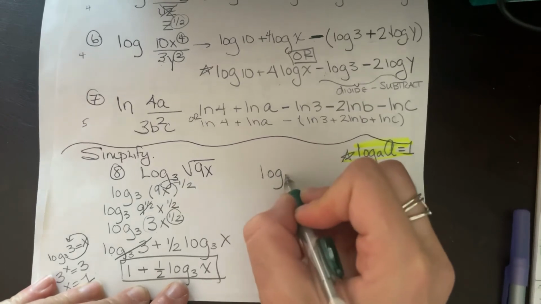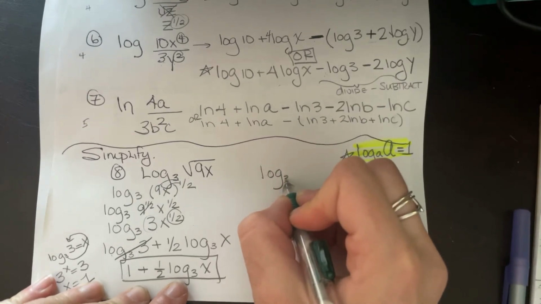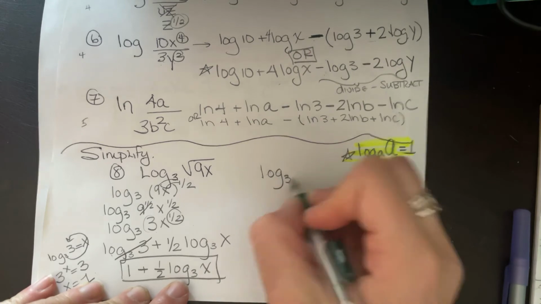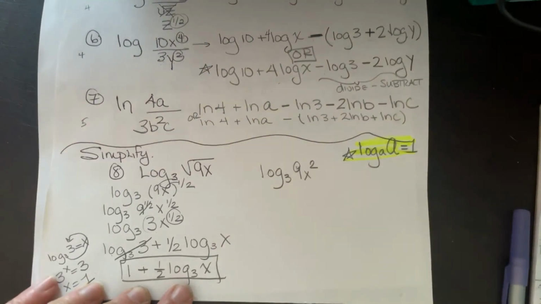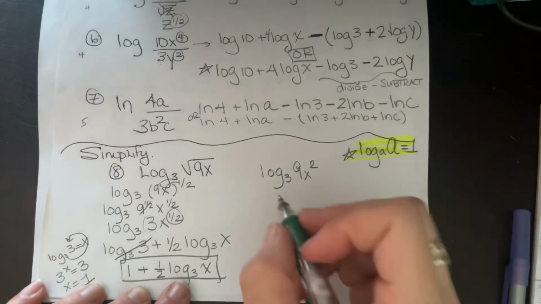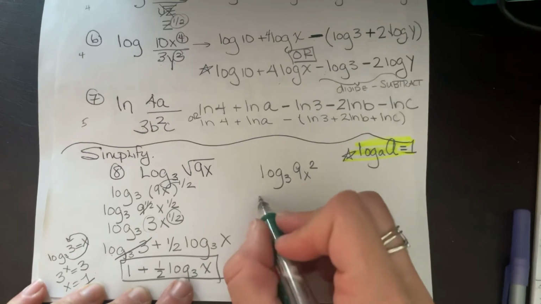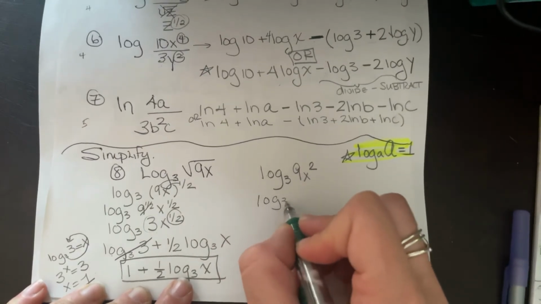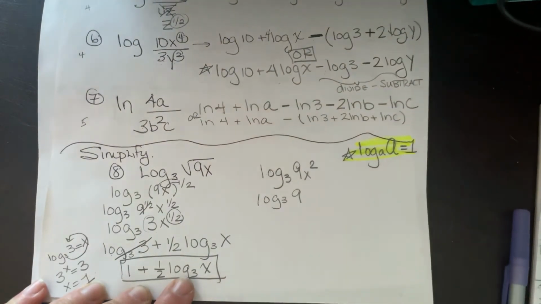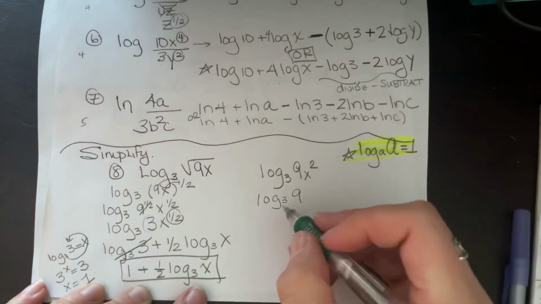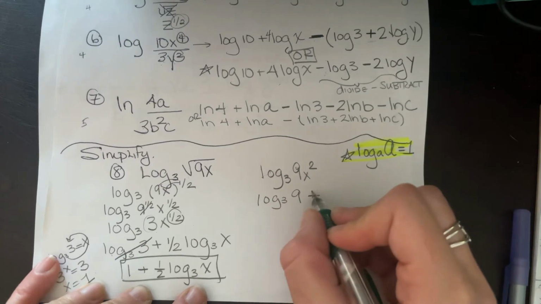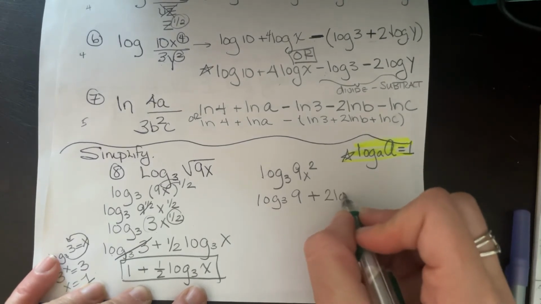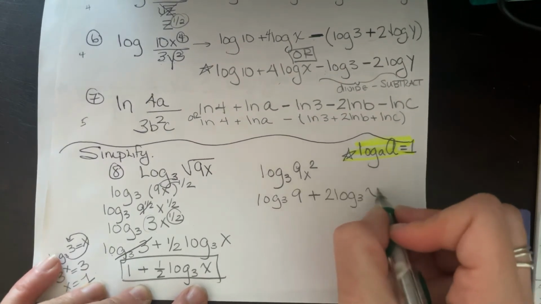Log base 3 of 9x squared. So it's a similar thing. A lot of times this works, if you have a base of a number and you can kind of play around with it. So let's expand it. Right, so you have log base 3 of 9 plus 2 log 3 of x.